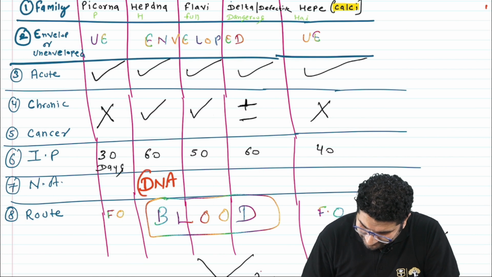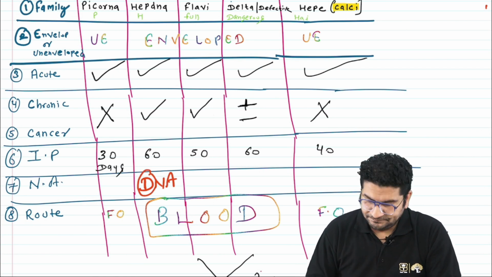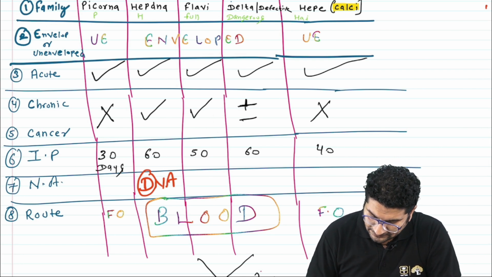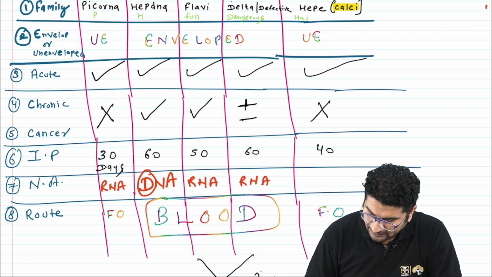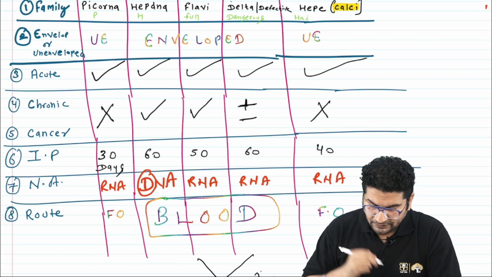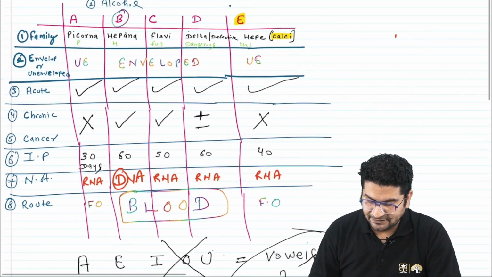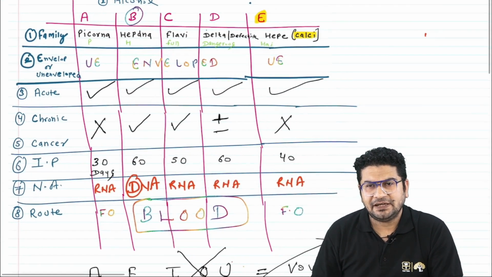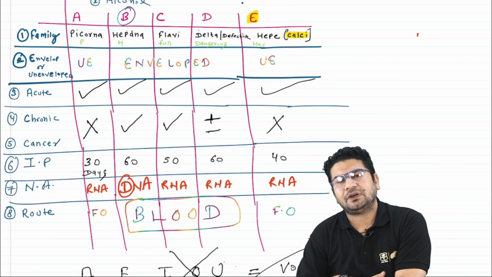So only B is having DNA, others are having RNA. So only hepatitis B is having DNA, others are having RNA. So in a simple table, I have discussed all different types of hepatitis.